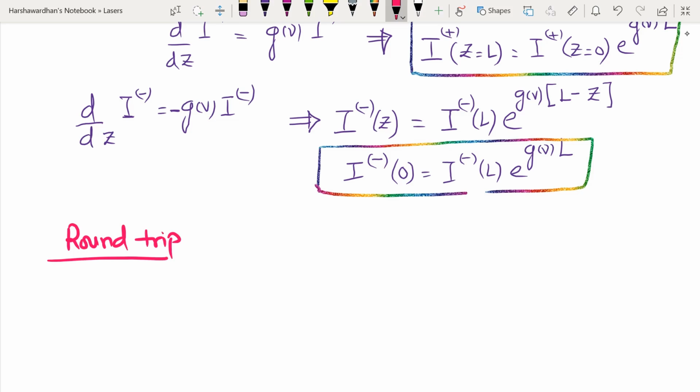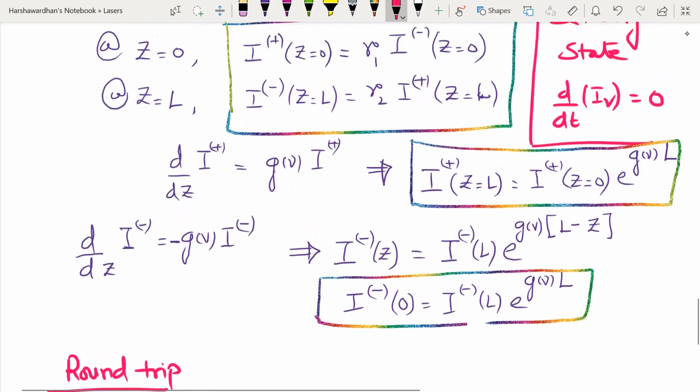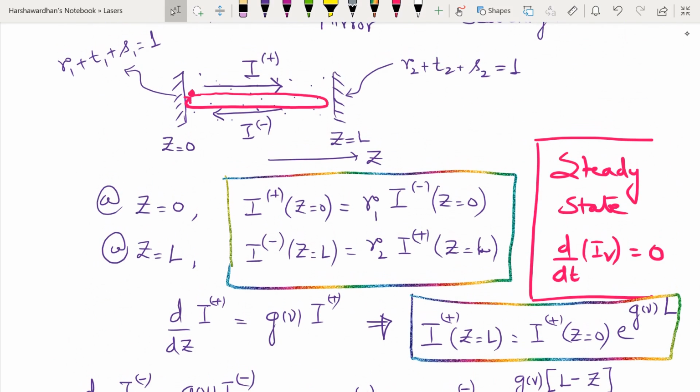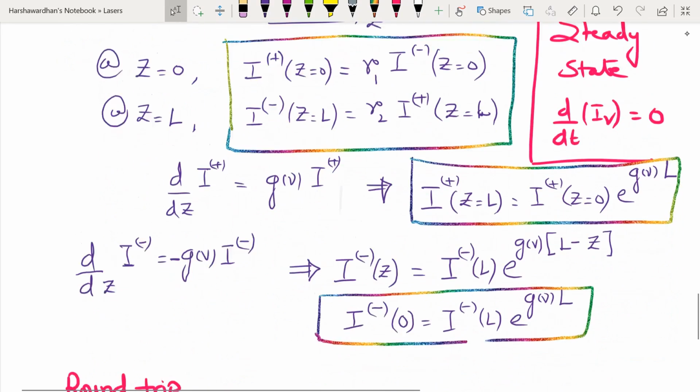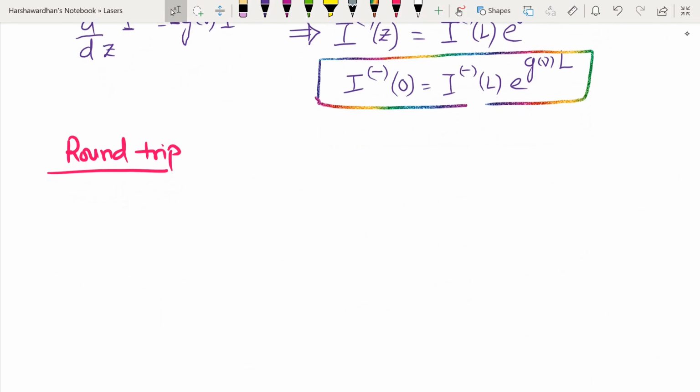All right. So let me number this. Let me call this location 1, this location 2. After reflection, I reach 3. Then from 3 to 4, I traverse, and 4 back to 1, I am back again to my location. So at location 1, what will I get?